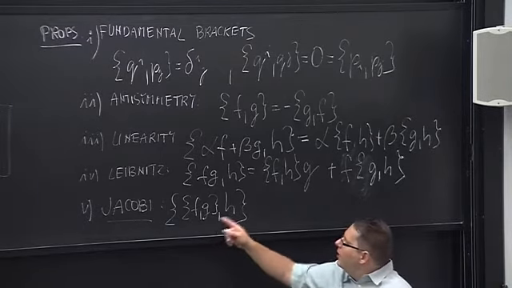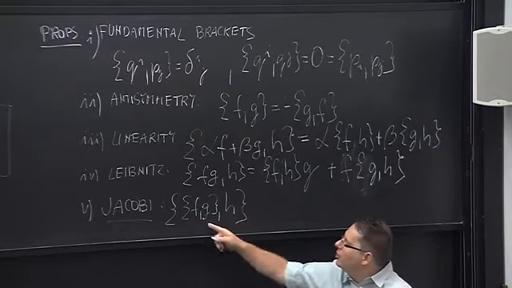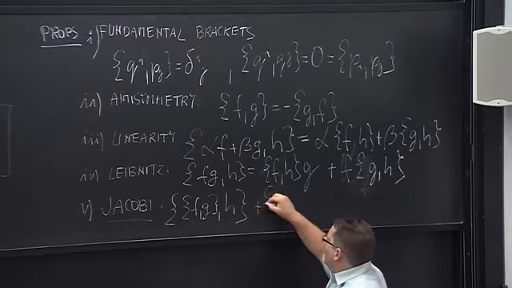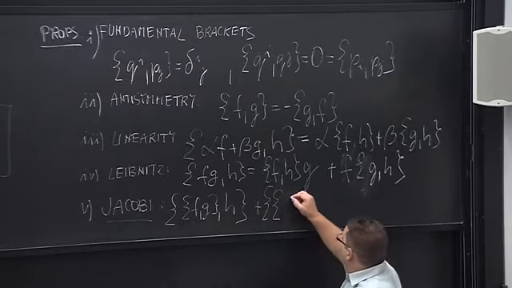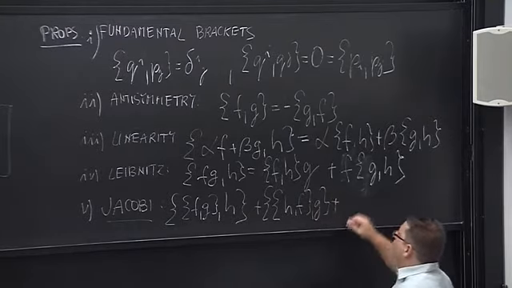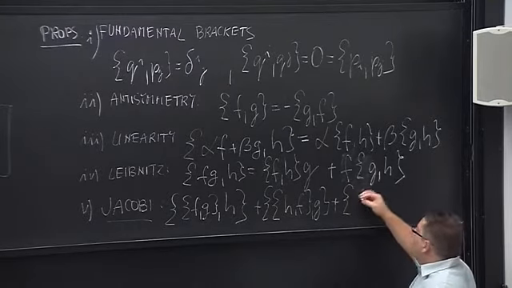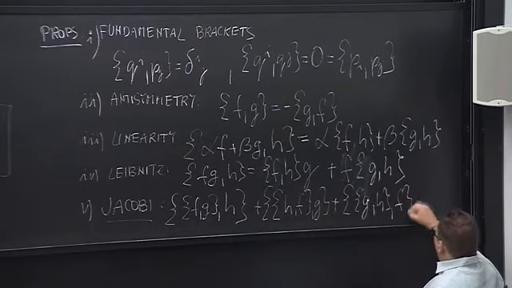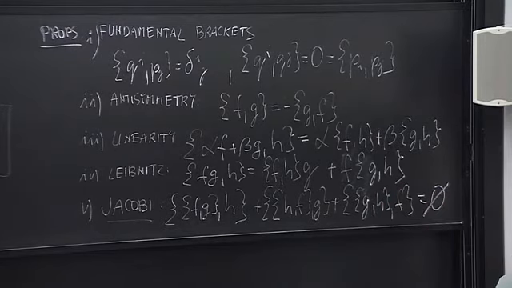So you have f, g, h, the next one will be h, f, g, and the last one will be g, h, f. And if you do it, you miraculously find that the combination is equal to 0.